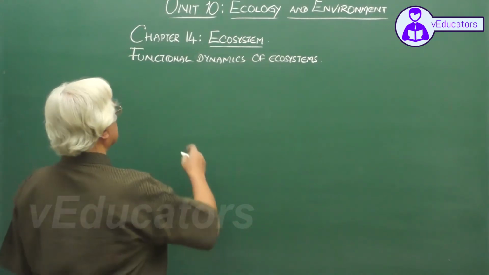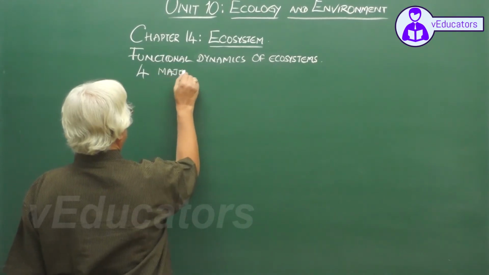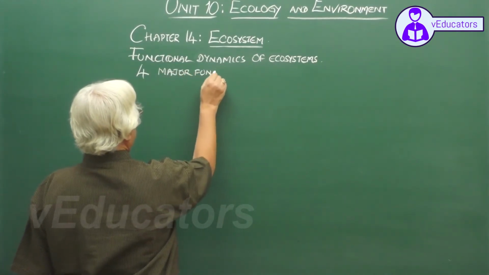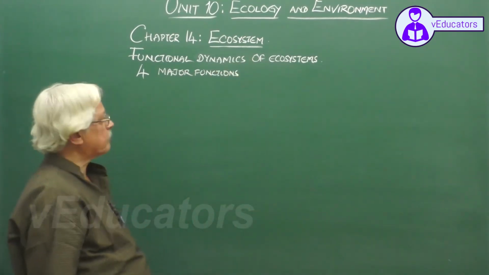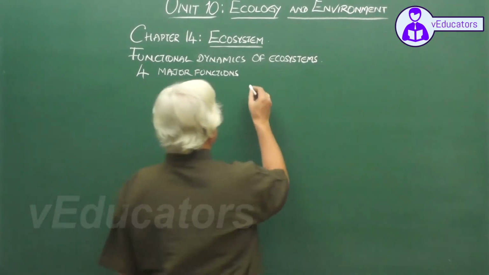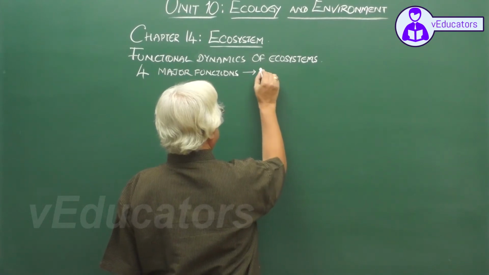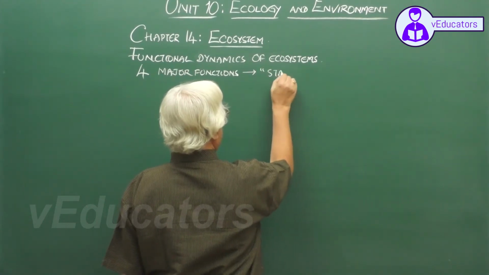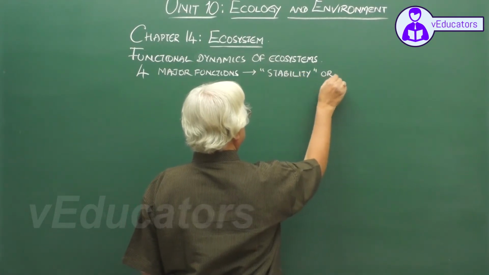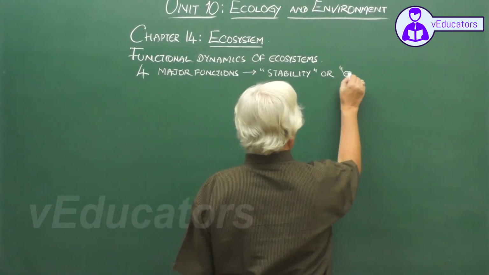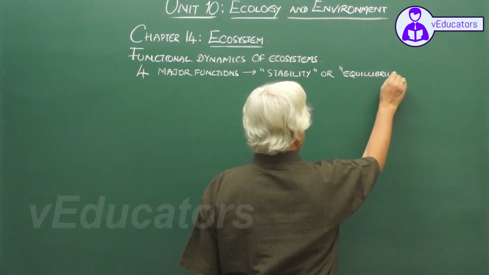There are 4 major functions carried out by ecosystems, and these functions are involved in maintaining a stability or equilibrium in the ecosystem.